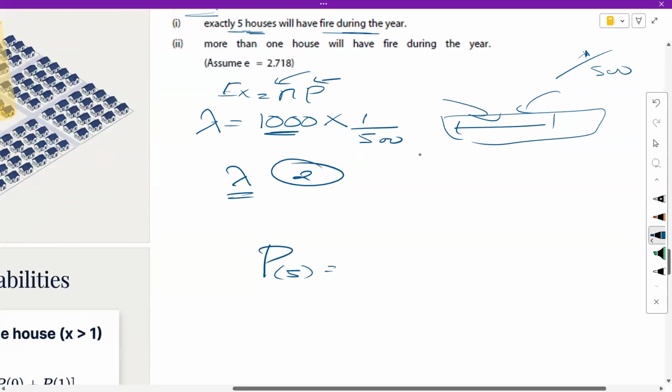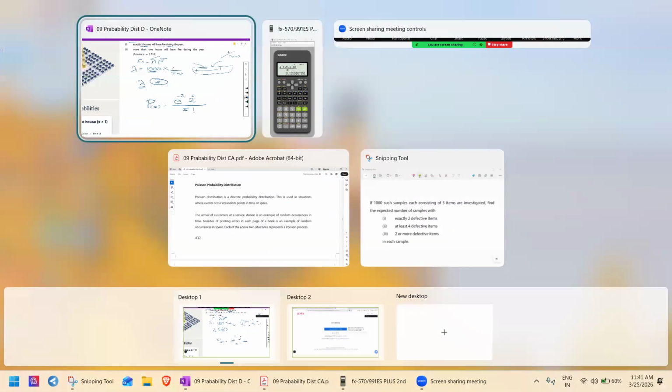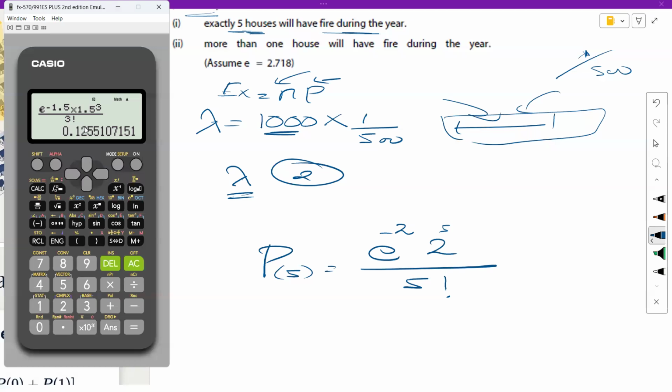It's very simple: e to the power minus lambda, that is e^-2, times 2 to the power 5, divided by 5 factorial. Straightforward.